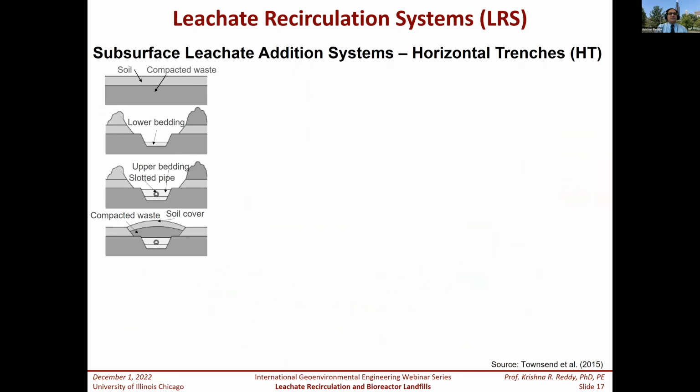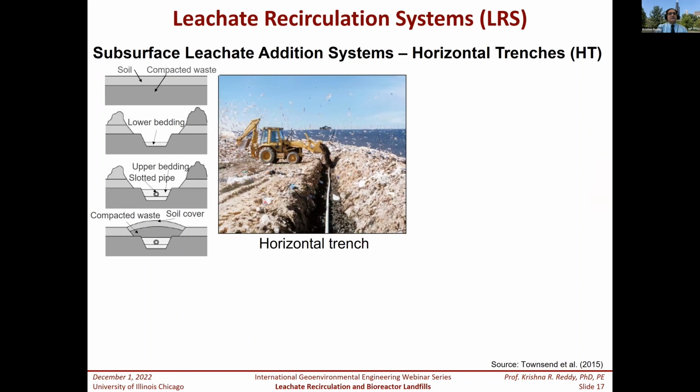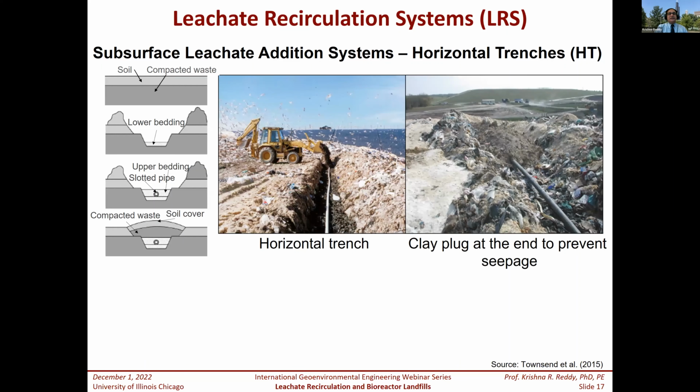The other common system is horizontal trenches. These have to be installed during the waste placement. When you are placing the waste, after a certain height, you dig a trench, place the pipes, and put drainage material all around it. Then you inject the leachate from one end, and since it's a slotted pipe, the leachate comes out and gets distributed around the waste.